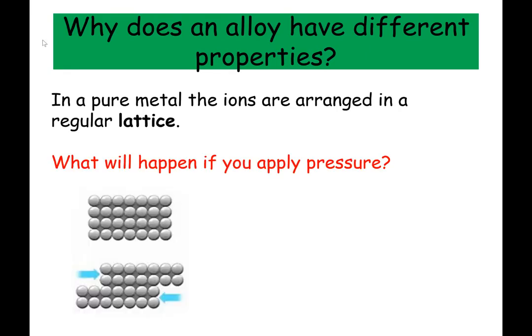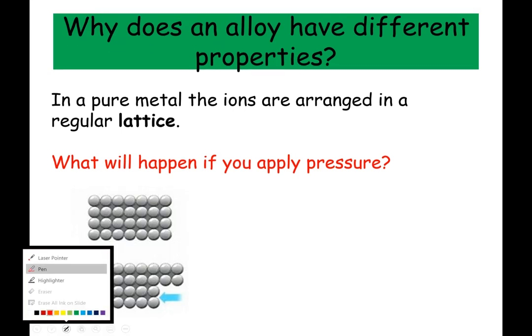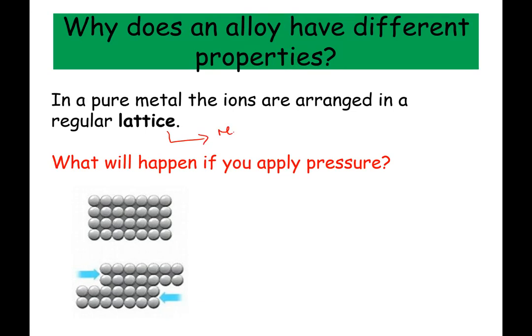Well, in a pure metal, the ions are arranged in a regular lattice. Remember that word lattice has a specific meaning. It means a repeating arrangement.